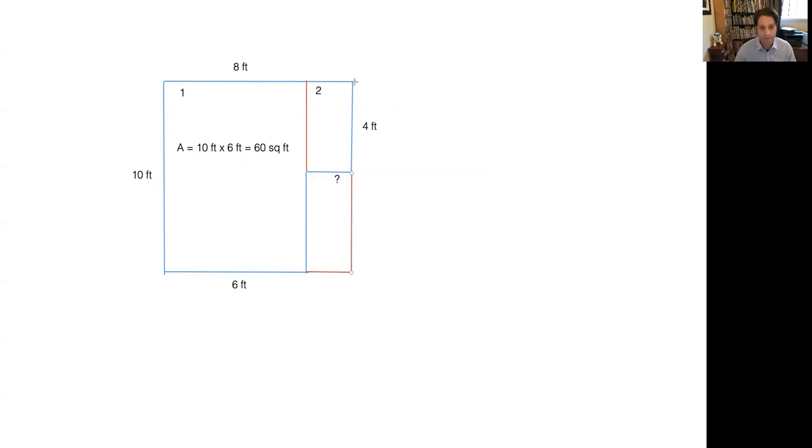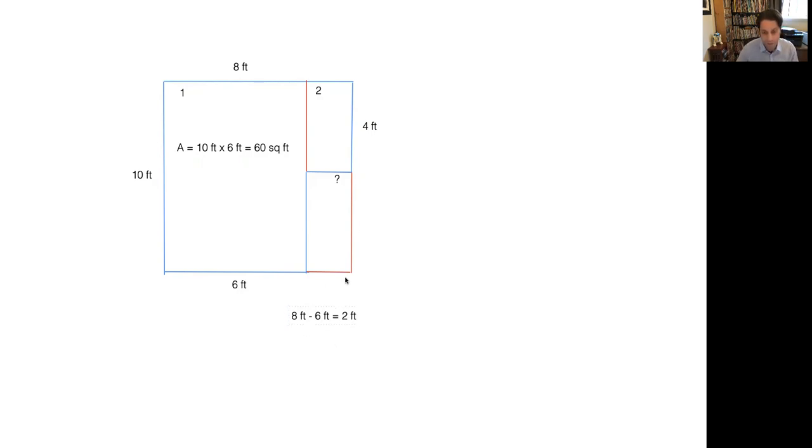Well, I know the top is 8, and I know this part is 6. So what's the missing number? Well, it's just 8 minus 6, right? To get that missing part, okay? All I would need to do is say 8 feet minus 6 feet equals 2 feet, right?